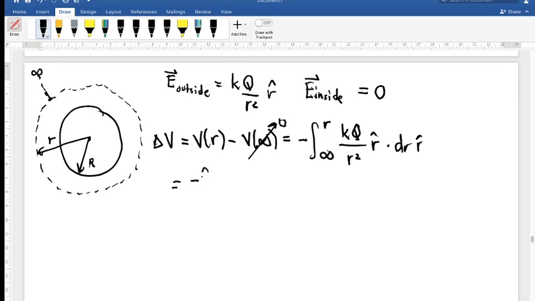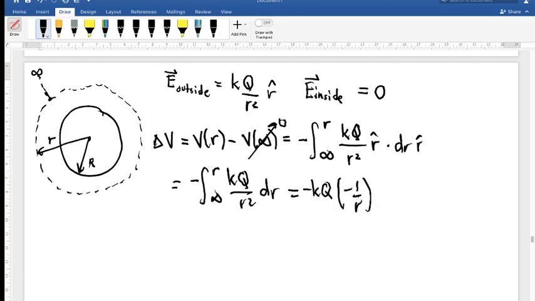We have negative integral from infinity to R of kQ over R squared dr. Integrating, that is equal to kQ times negative 1 over R, evaluated from infinity to R, so that is equal to kQ over R. You just replace R, and 1 over infinity is equal to 0.